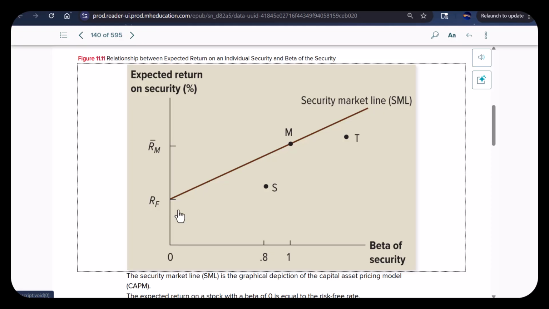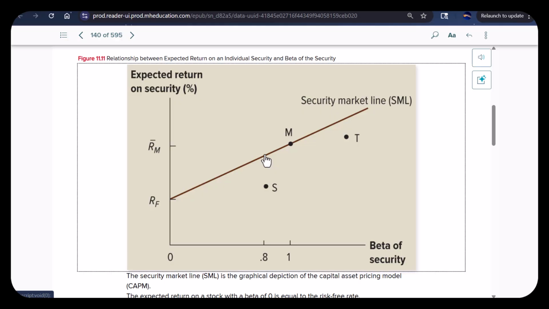But every once in a while, there will be mispricings. If a portfolio is placed below the security market line, basically for the same level of risk, it is not returning as much as it should, right? Because if it was properly priced, I should be here. So the return is not as high as it should be, which means the price is too high.